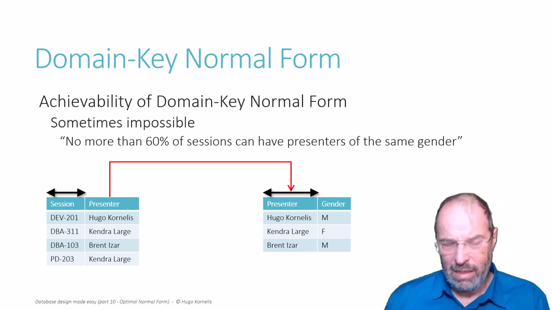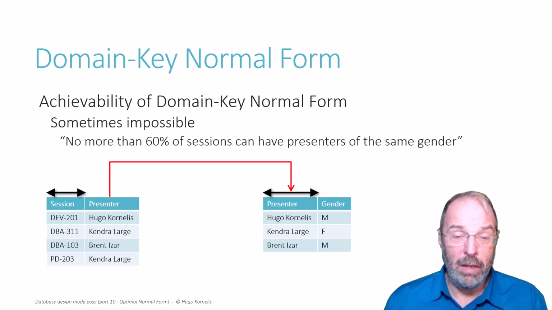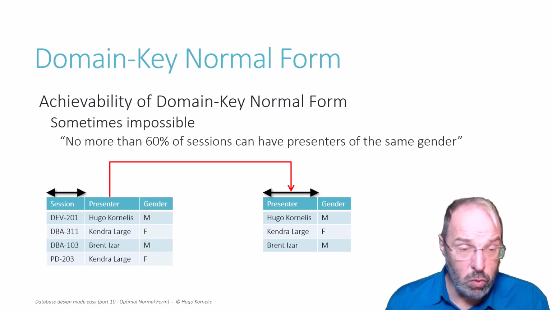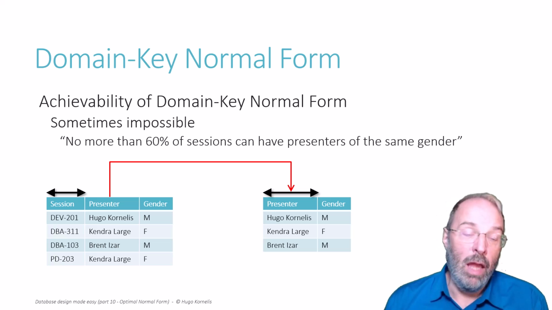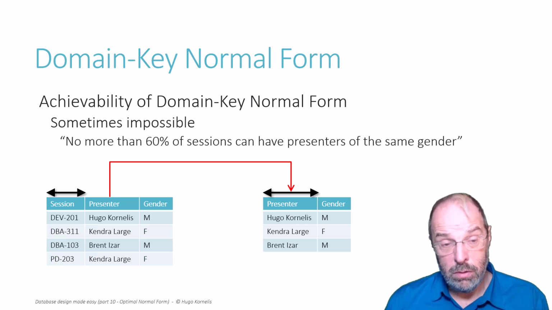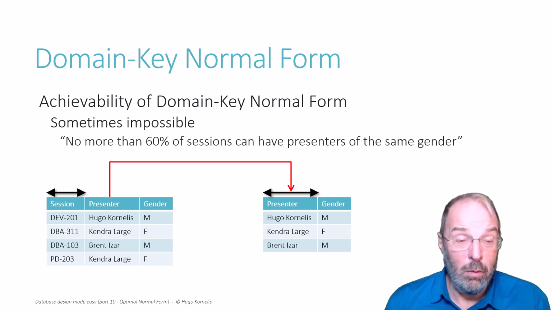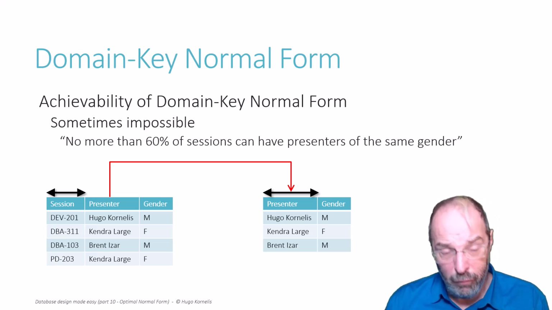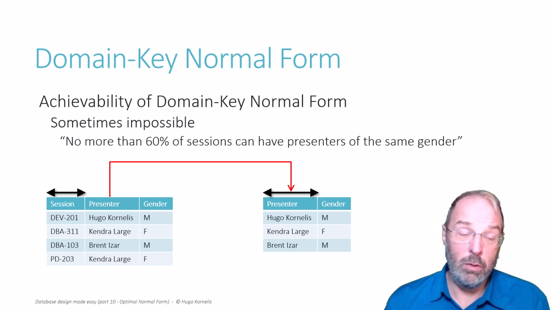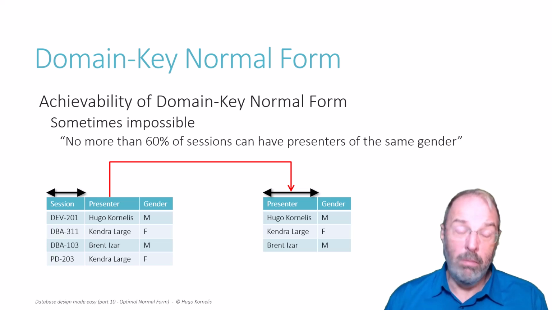Now, you can work around that by redundantly storing a computed column in the session tables. You can store the gender there. Now, most DBMSs can enforce this rule, but of course we now violate second normal form by storing the column gender in the session table, even though it depends on a non-key column presenter.